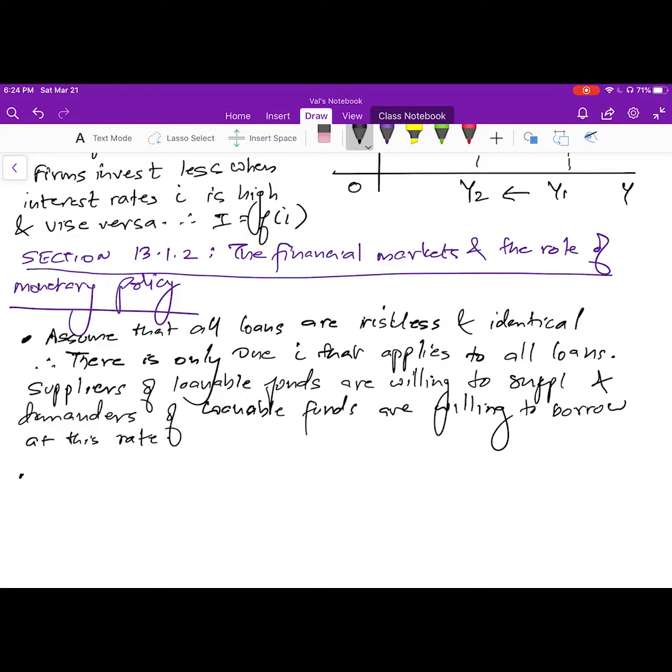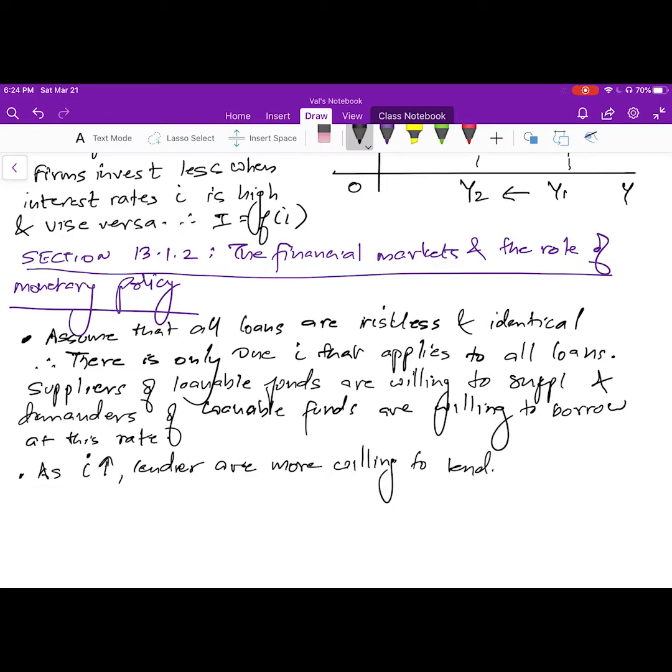So having said that, there's an inverse relationship between interest rates and the willingness to borrow, right? As interest rate increases, lenders are more willing to lend.